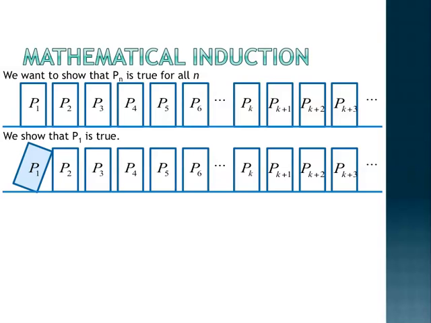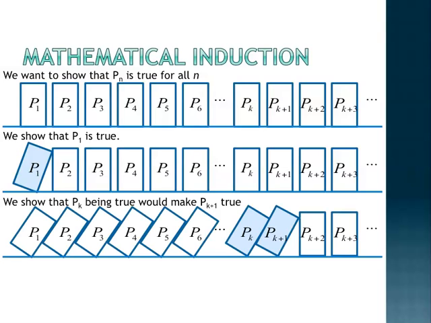So what mathematical induction says is we need to show that no matter where we are in the sequence, for example, let's say we're at P sub k, we want to show that if P sub k is true, it implies that P sub k plus 1 is also going to be true. So in other words, what you're trying to show is if one domino falls somewhere in there, doesn't matter where, it will make the one right after it fall.